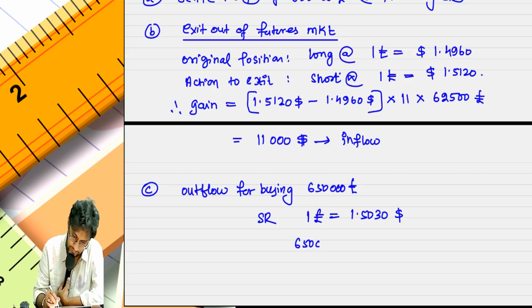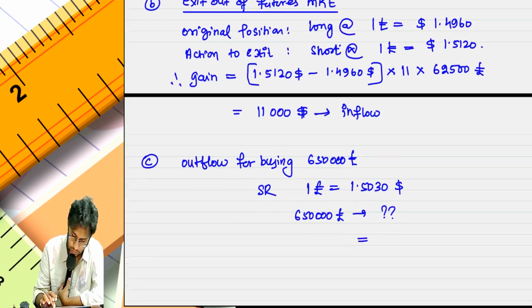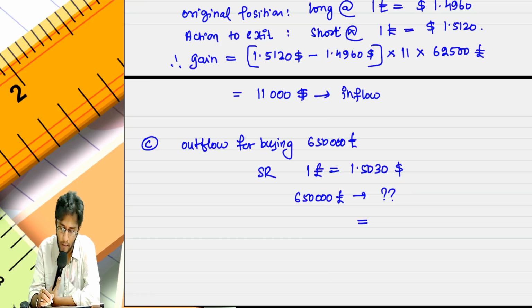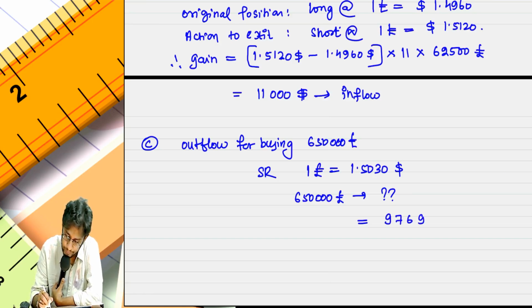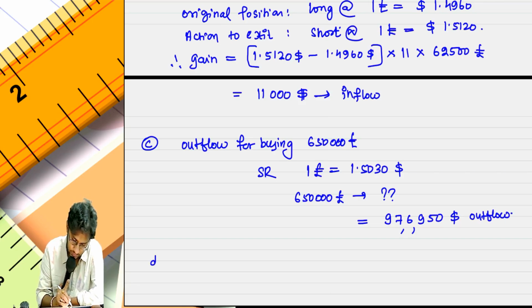Okay, 6,50,000 pounds is equal to how many dollars? What are these dollars? This is your outflow. Therefore, net outflow.